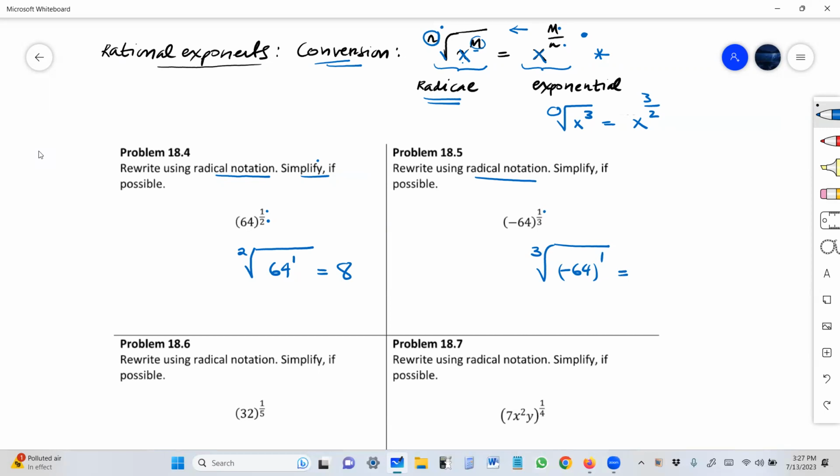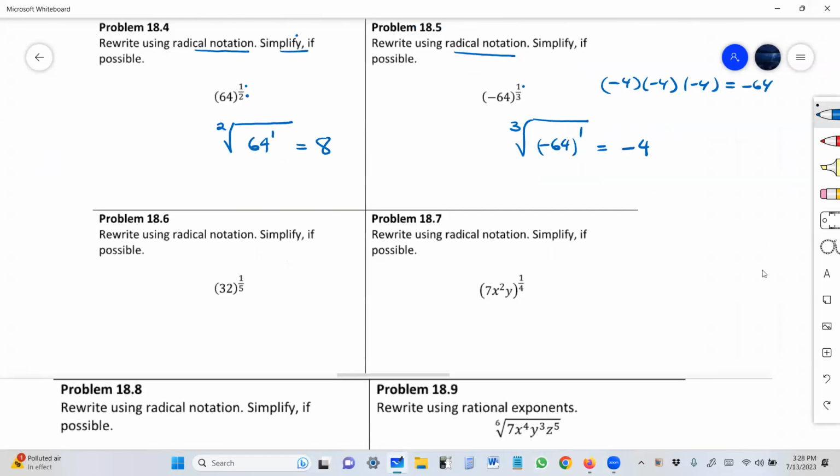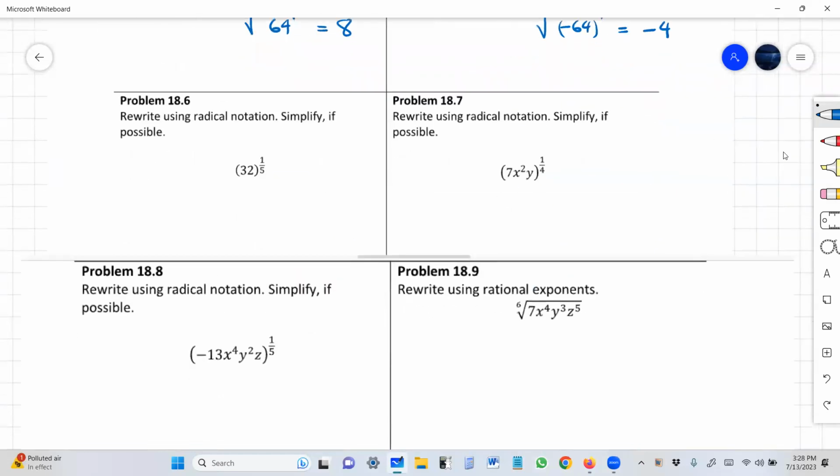And we know this is the cubic root of minus 64, which is minus 4. In case you don't remember, how do we find this? It's minus 4 times minus 4 times minus 4 is minus 64. Okay, so this is very simple, provided that you remember the conversion factor I gave you up there.